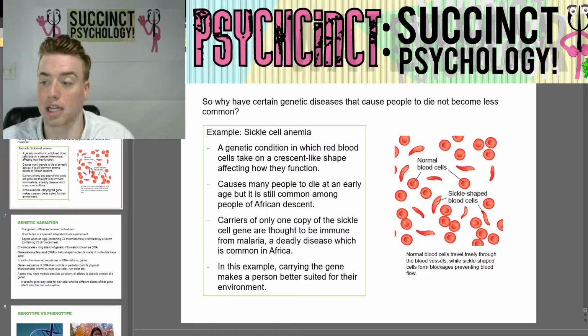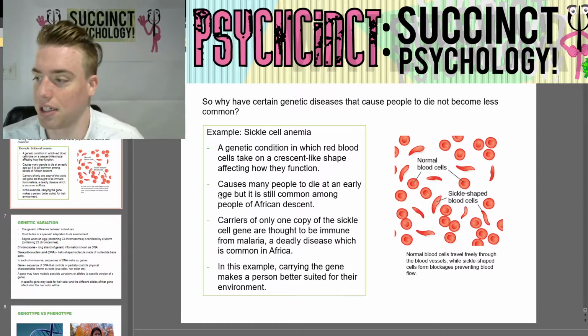Carriers of only one copy of the sickle cell gene are thought to be immune from malaria, a deadly disease which is common in Africa. In this example, carrying the gene makes a person better suited for their environment. So it's a genetic disease and it causes people to die early, but in their environment, it's actually beneficial to have one copy of the sickle cell gene. That's why it hasn't been phased out of that population.